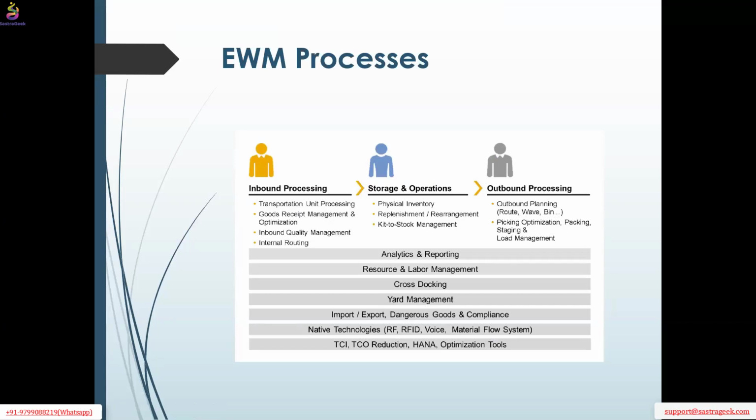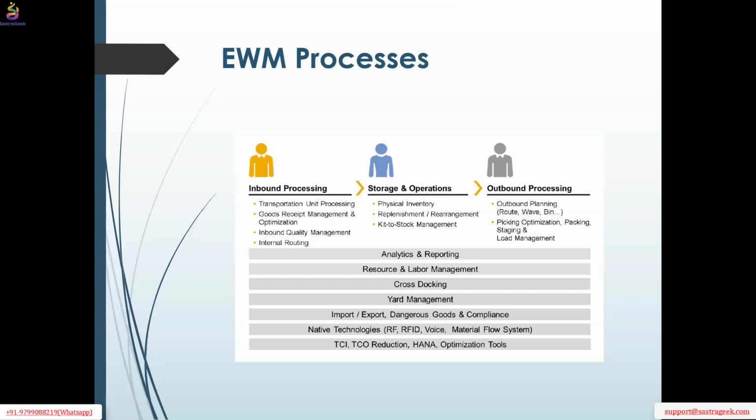And the quality management, for example, if you're receiving some stock from your vendor and you would like to have some kind of quality check on that, then that's where your EWM quality management will help out to check how the samples are and how the pre-samples were, and all these things will be triggered there. That is what we will have in the inbound quality management.